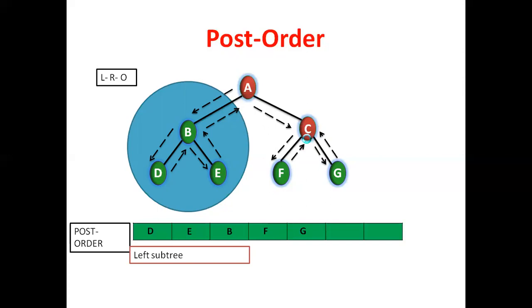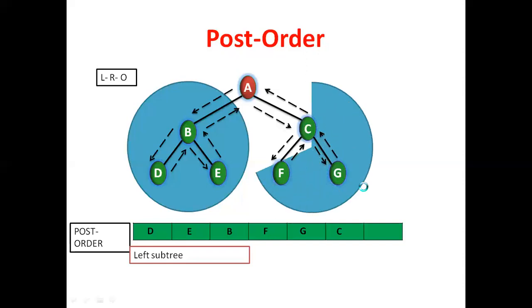According to the LRO formula, left of C completed, right of C completed and root node, that is C, completed. So this is the totally right subtree, right? Left part of the tree completed, right part of the tree completed, then visit the root node. In post order, the root node is always the last node.